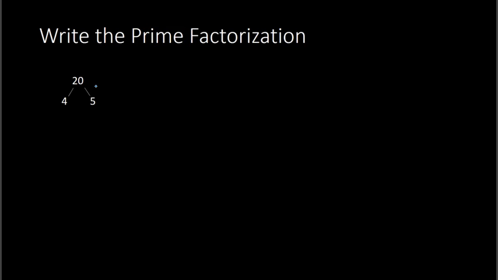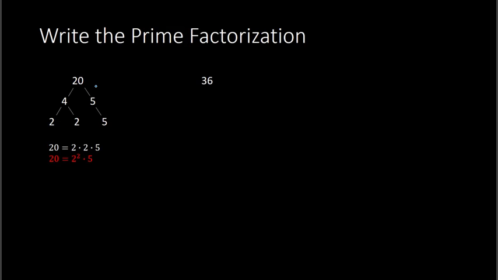And now the 4 is still composite, so I can break that down further. The 4 I can think of as a product of 2 times 2. And the 5 cannot break down any further. So here we have now all prime numbers. We have 2 times 2 times 5. None of those can break down any further. So I can think of 20 as a product of 2 times 2 times 5, or also written as 2 squared times 5.